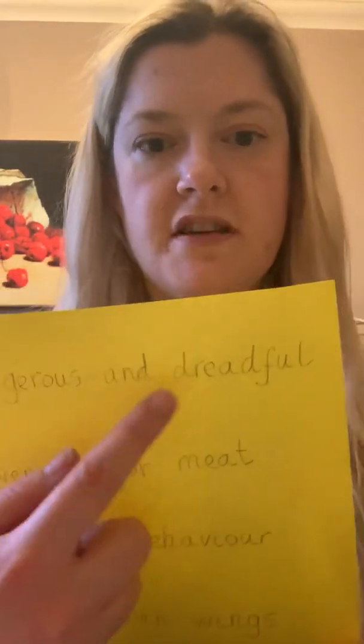It begins with an A, an adjective. Well done if you knew that. I typed into my computer, and you will need help from a grown-up if you want to do this, adjectives beginning with D, and that gave me dangerous and dreadful. Okay, so I had a little bit of help writing my acrostic poem from the computer.